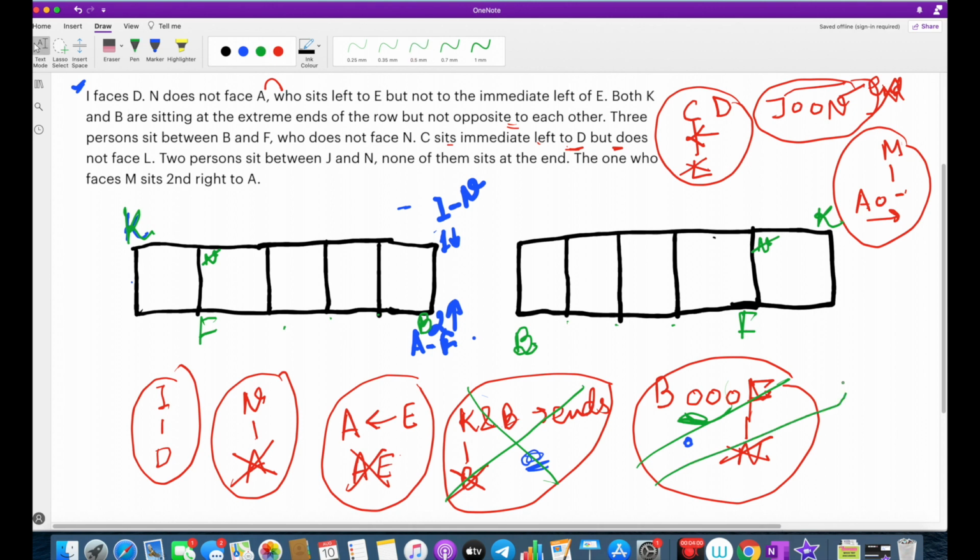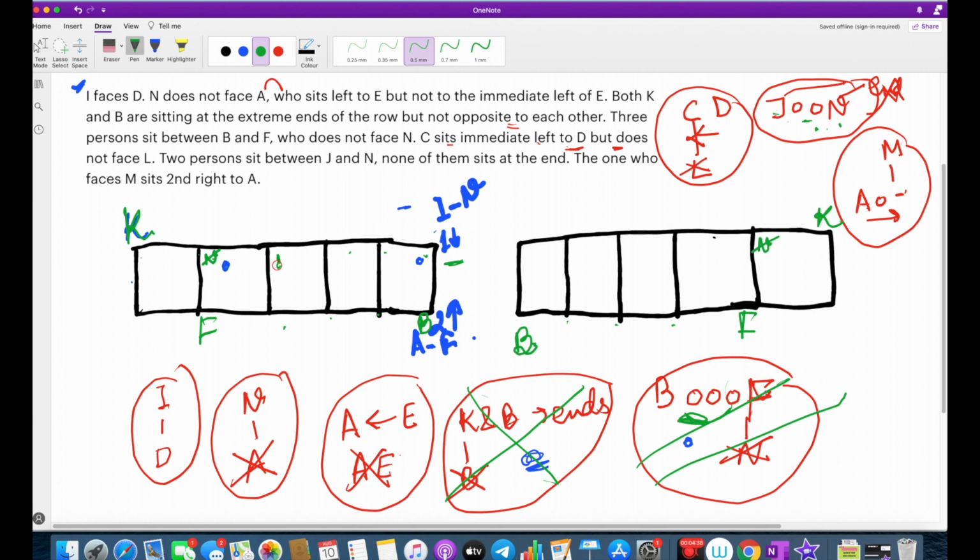Now the next condition that we should consider is that there are two people between J and N and neither J nor N sits at the ends. So N cannot sit here. Where can we place N? Can we place N in this position? If we place N here, then after leaving two places, there is no place for J because J cannot be at the end.